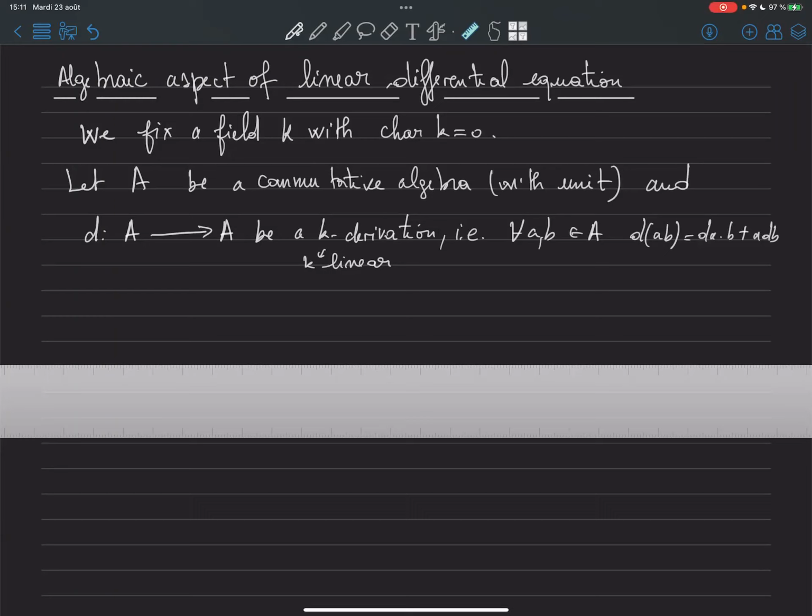And in particular, in the next part, we are talking about derivation. The zero map is a derivation, but we will suppose that this is different from 0. Of course, otherwise the theory cannot work.